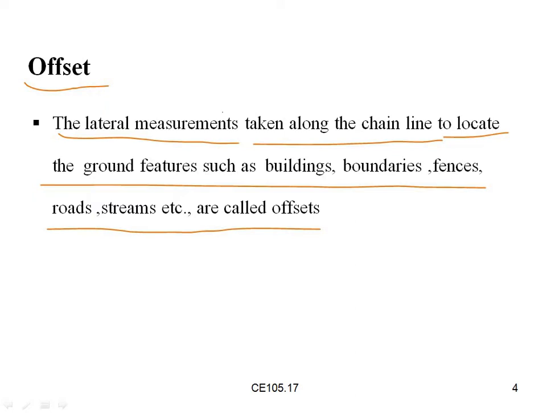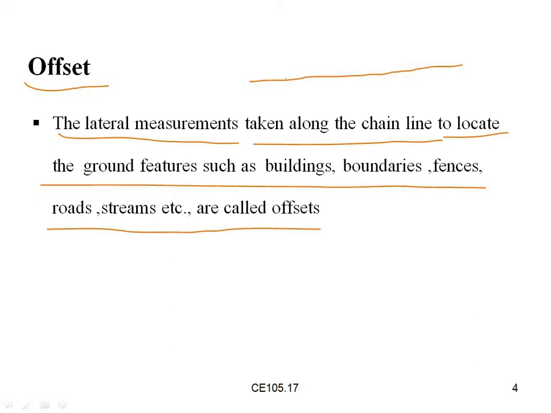So what is the definition here? The lateral measurements which are taken along the chain line. That means, see here my diagram. This is a chain line. On the ground a chain line is there, and on this chain line we want to locate ground features or boundaries.